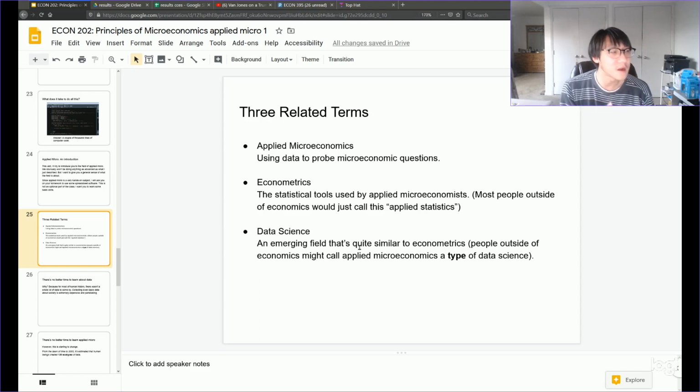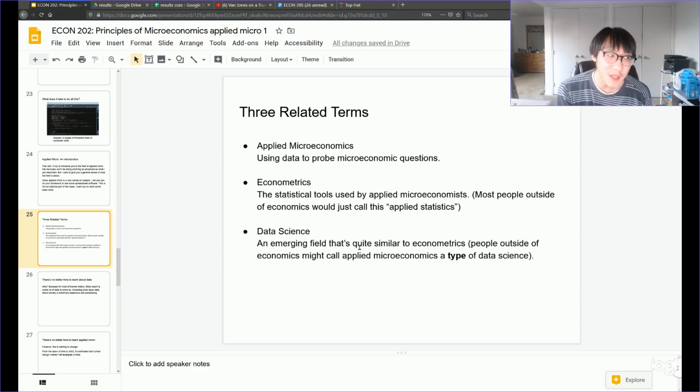A clarifying point, okay, before we move on. I've used the word applied microeconomics quite a bit in this lecture, but you've also heard me mention two related terms. One is econometrics, and the other is data science. For the purposes of our class moving forward, I'm going to use these three terms somewhat interchangeably.